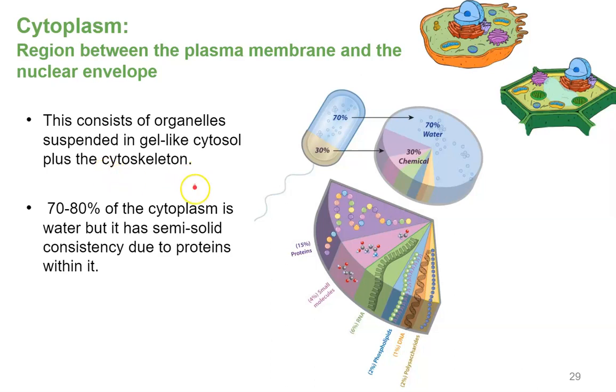The cytoplasm is typically made up of water, and then it's made up of some chemicals as well. And those chemicals are typically like proteins and molecules, RNA, other phospholipids, DNA, and carbohydrates, polysaccharides. So those things will be embedded, but it's mostly water. And then again, the cytoplasm is referring to the gel-like cytosol plus all the organelles in it.